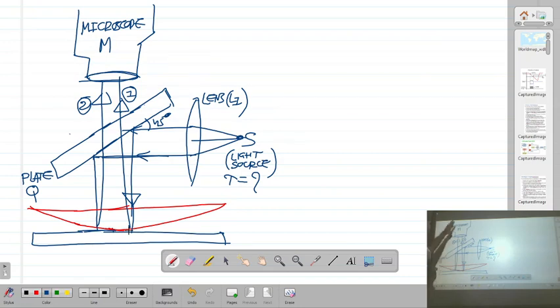So this is the experimental arrangement to measure the wavelength of unknown light.